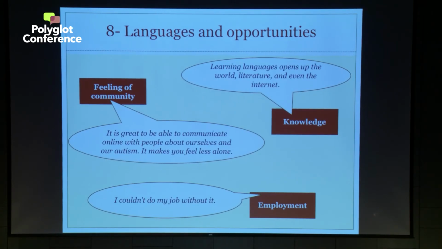And actually, one of the things that was most reported was that thanks to their multiple languages, they were able to speak and interact with people like them, with autism, all around the globe. And it made them feel more part of a real community. So, for example, this person said, "It is great to be able to communicate online with people about ourselves and our autism. It makes you feel less alone."